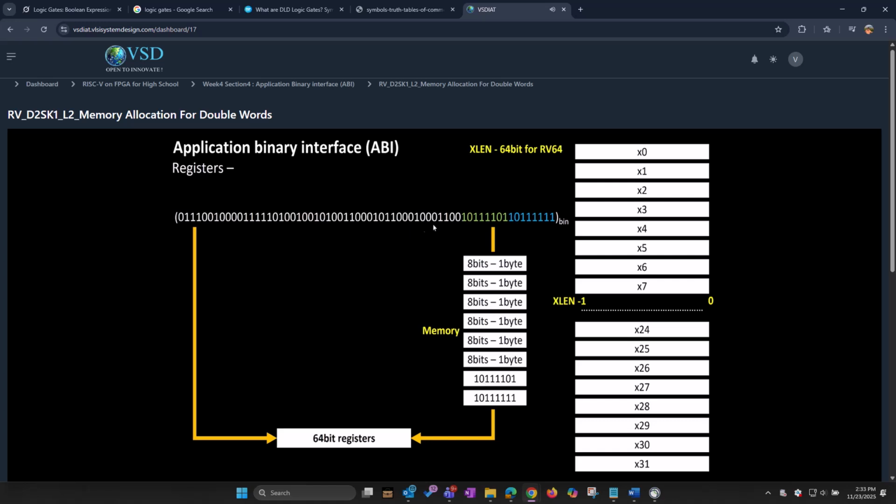The next 8 bits, starting from this point, go and sit at this address of the memory. The next 8 bits come and sit over here. The next 8 bits, from this point to this point, sit at this portion of the memory. The next 8 bits sit over here, and the final 8 bits come and sit over here.